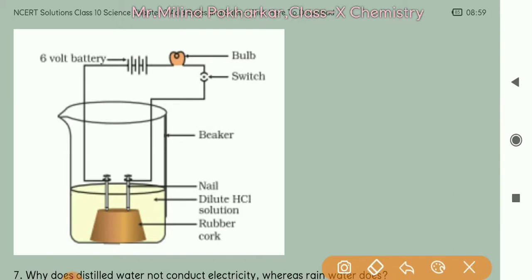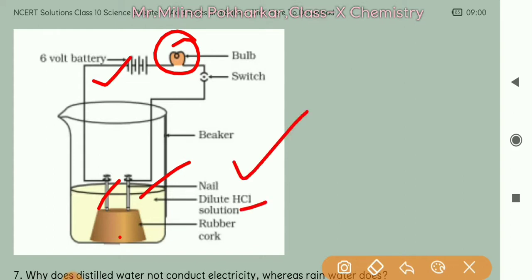This is the simple electrolytic cell where we have arranged 2 nails in the cork, and the cork is dipped in the hydrochloric acid solution. To the circuit we have attached the bulb, and the battery is also there. When current passes, when HCl was taken, the bulb glows.